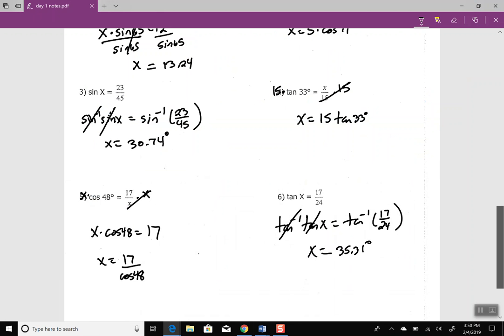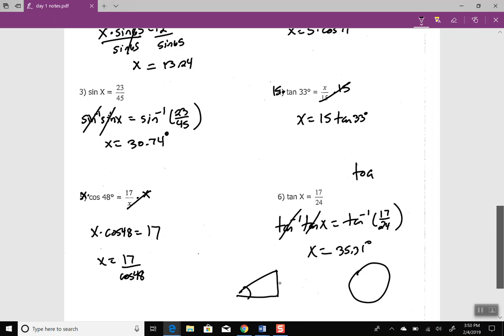What this is doing is going a little bit backwards, but if you think about, say, you have a triangle and an angle. You know tangent, TOA, SOHCAHTOA, the opposite over the adjacent.